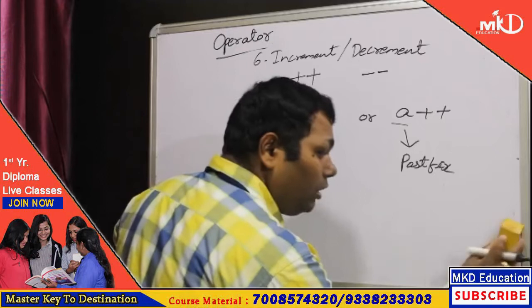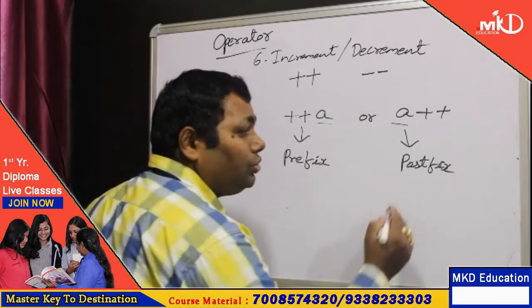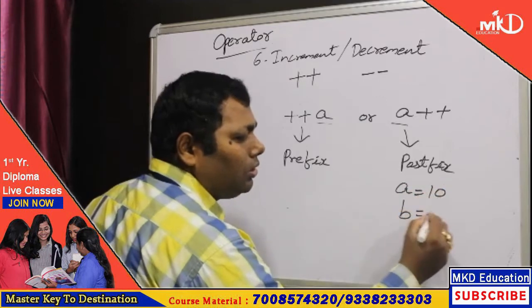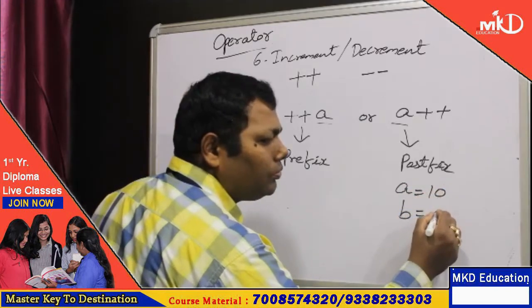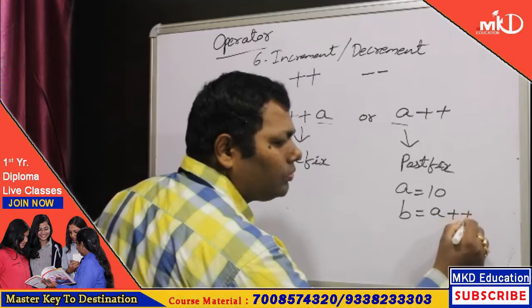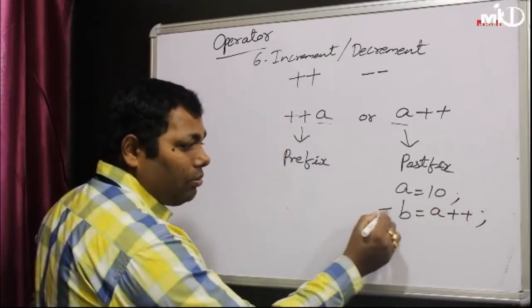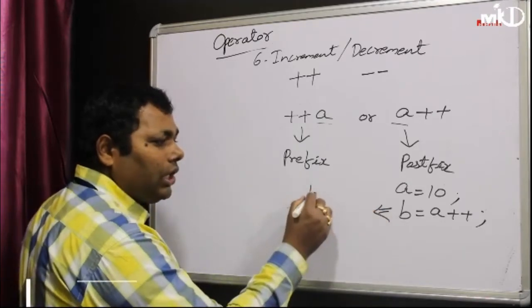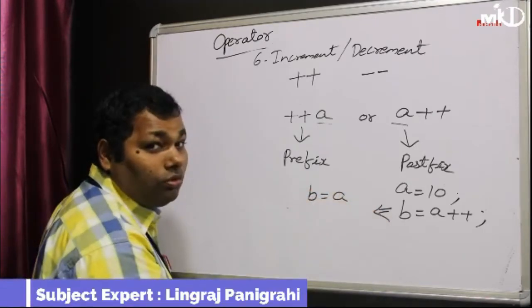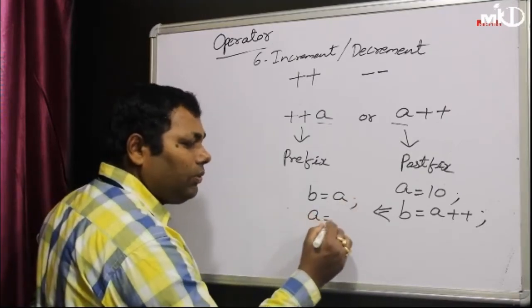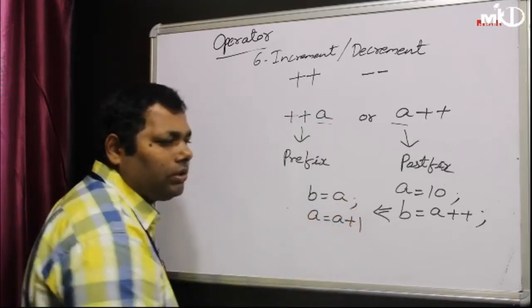But for the same example, if I write it using postfix, what happens? Now its meaning is: first assign the old value to b, then increase the value of a by 1.